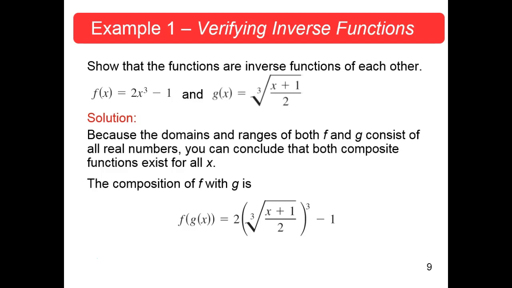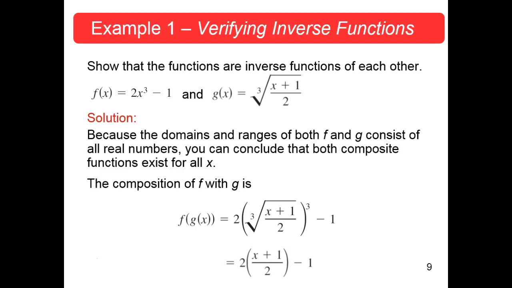If you do what they told you to, you take the cube of a cube root, that undoes that, and that leaves you x plus 1 over 2. Divide out the 2's, and that gives you x plus 1 minus 1, that gives you x.